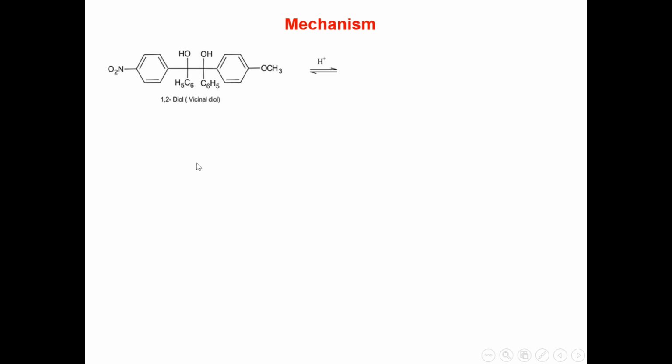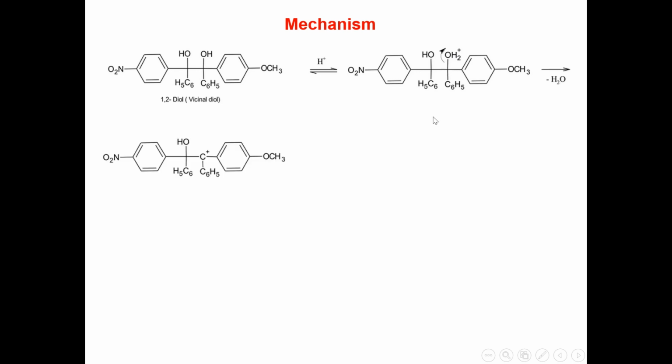Why is it so? Here, if the protonation of this OH occurs, it gives H2O, and these electrons move to this positive center and it is lost as a water molecule. It gives rise to a positive center on this carbon. This carbocation which is formed is more stable because of this methoxy group which is present on the aryl group.